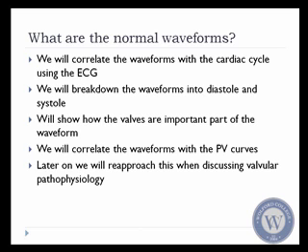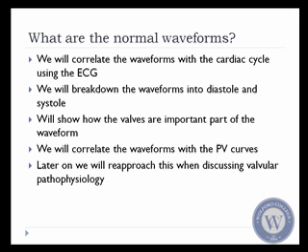Okay, so I think it's very important for you to understand that waveforms are generated during different time cycles of the cardiac cycle, and it depends on what the ventricle as well as the atrium is doing at the time. I will also show you how valves are an important part of the waveform and how they alter the waveform that you see. We won't go into how valvular dysfunction leads to waveform changes.